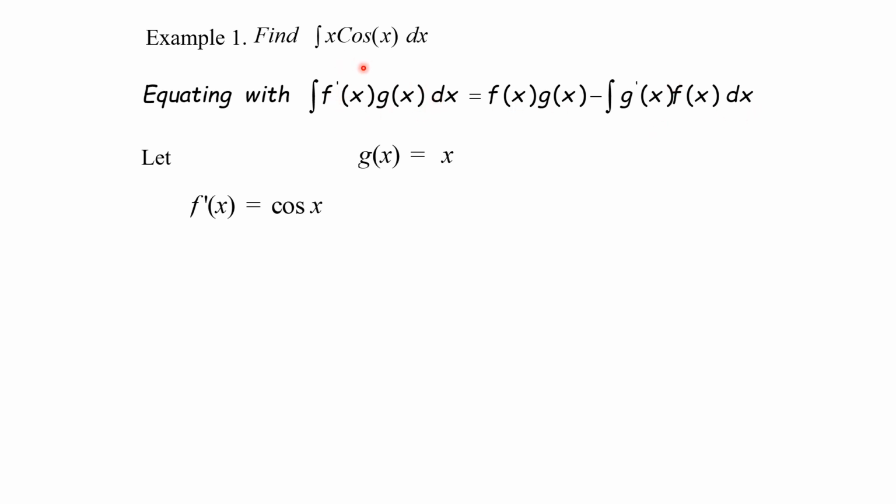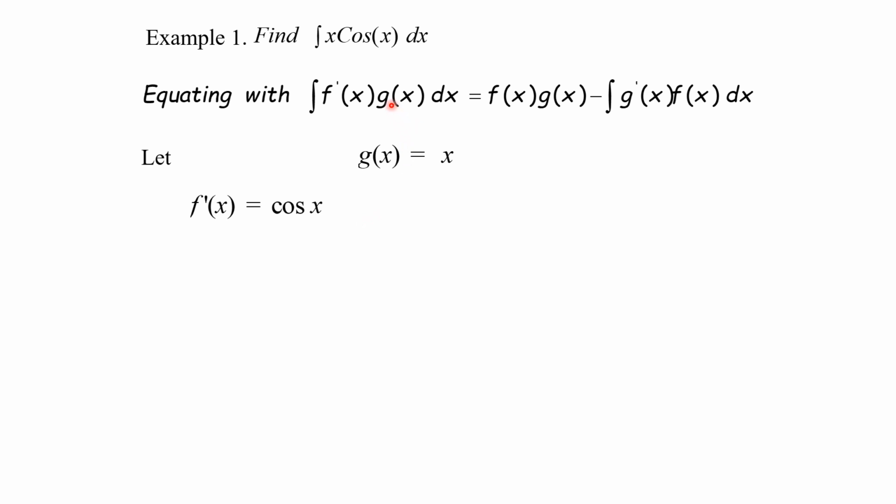By equating our question to the formula on the left hand side, we need to identify which is our f'(x) and which is our g(x). In order to identify that, the goal is to make the integration simpler.